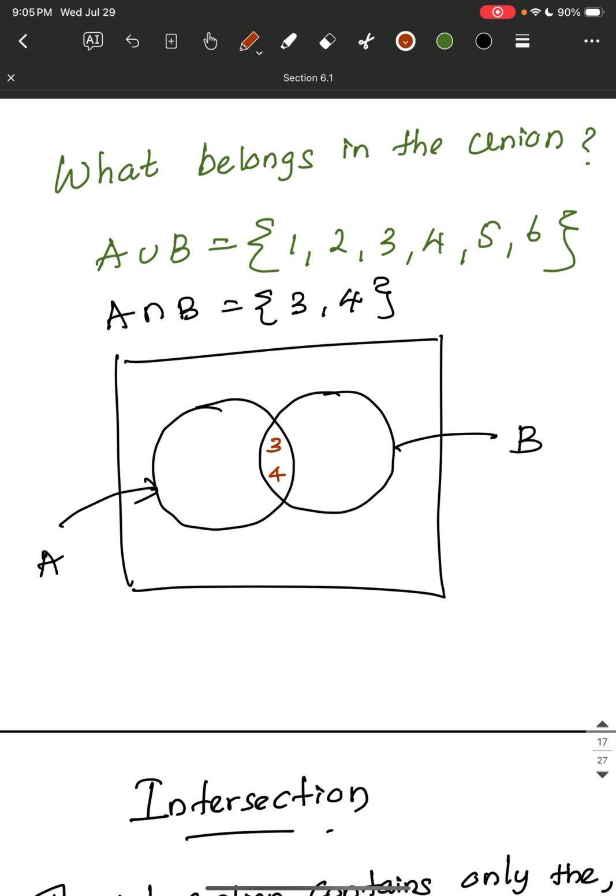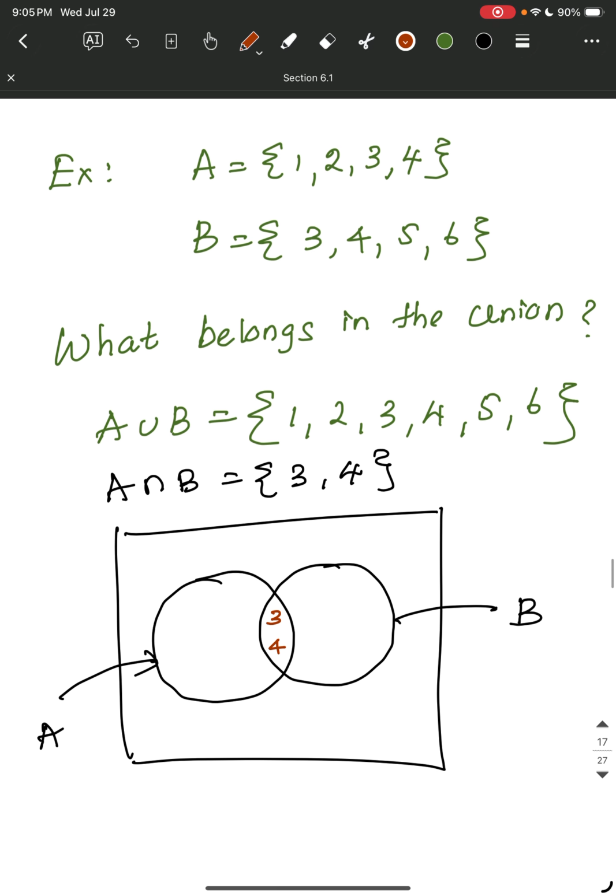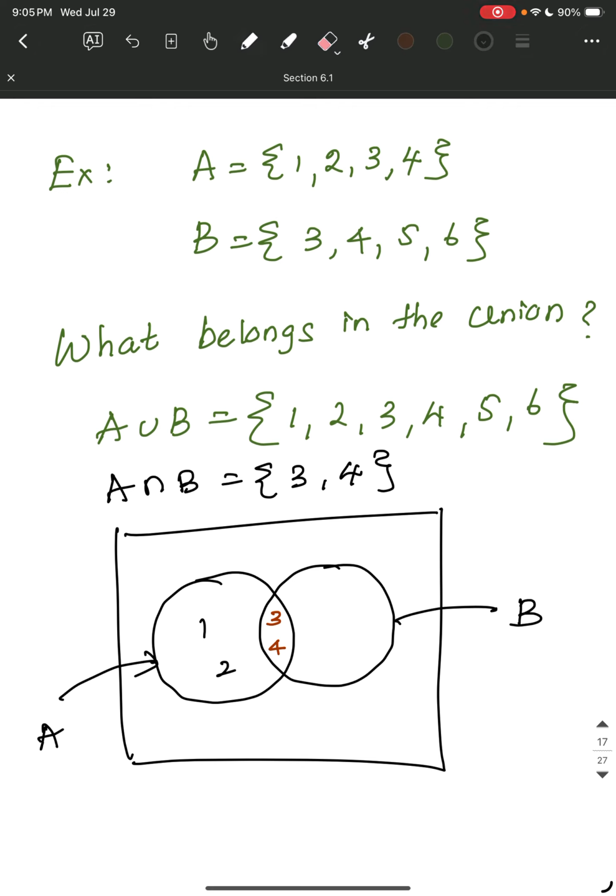Then set A contains 1, 2, 3, 4. This entire circle contains the set A. And set B contains 3, 4, 5, 6 here. Right? I hope you understand the difference between the union and the intersection, the two major set operations.